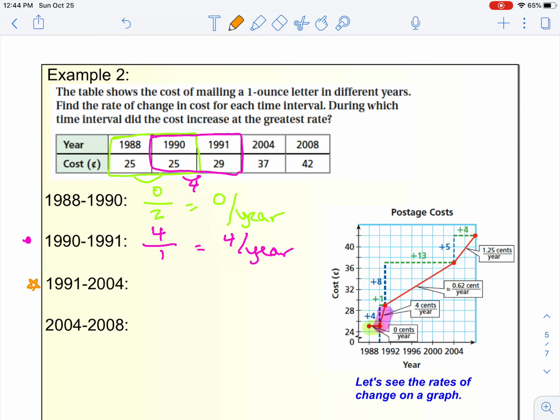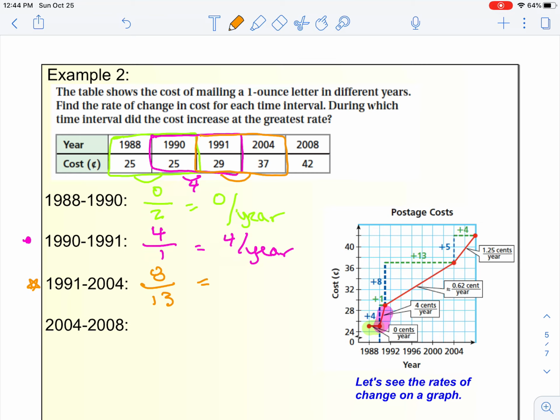So from 1991 to 2004, that's this time period, this time interval. And the increase from 29 to 37 cents is an increase of 8 cents, and that is over a time period of 13 years.